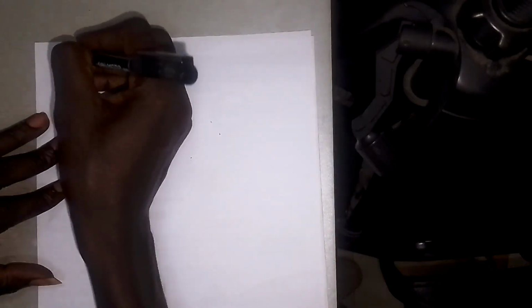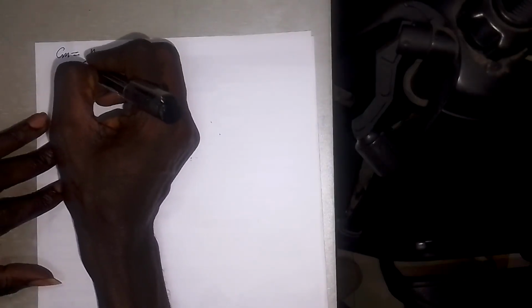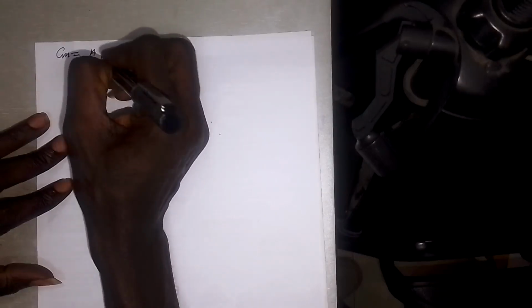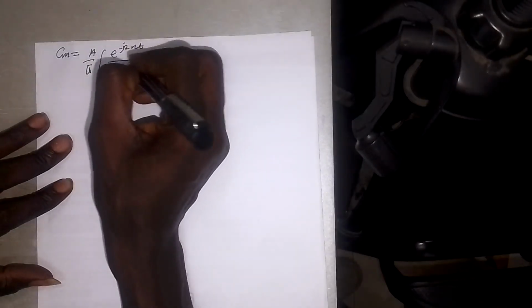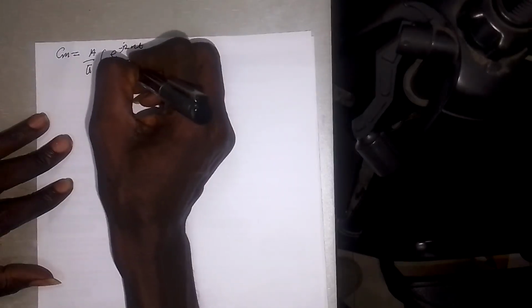So from here, what we can get is c_n equal to A on pi into e^(-j2nt) over 1 minus 4n squared.